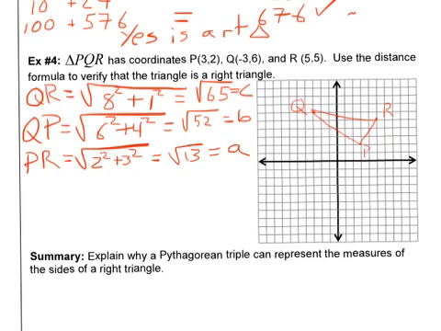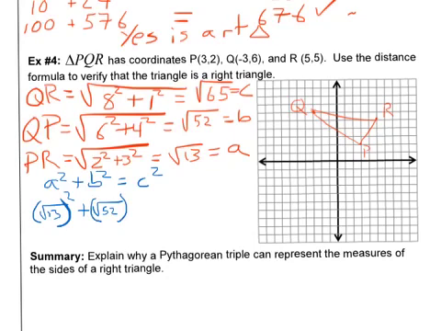So now, they want us to verify whether or not this triangle is a right triangle. So let's plug it into the formula. A squared plus B squared should equal C squared, and let's see if that's the case. My A is radical 13, and I'm going to square it. My B is radical 52, and I'm going to square it. And my C is radical 65. I'm going to square it.